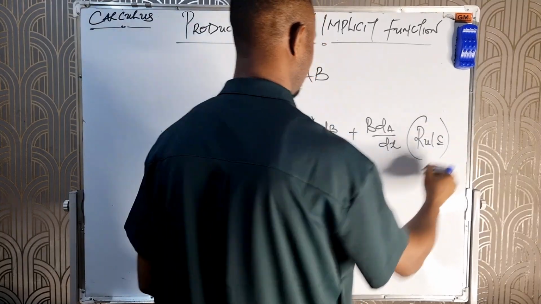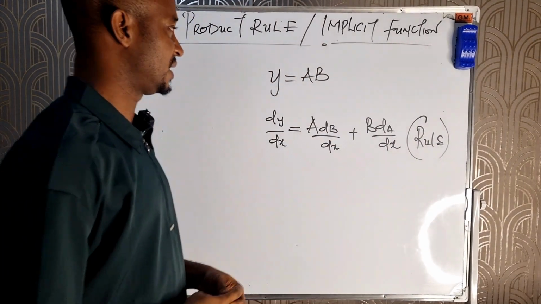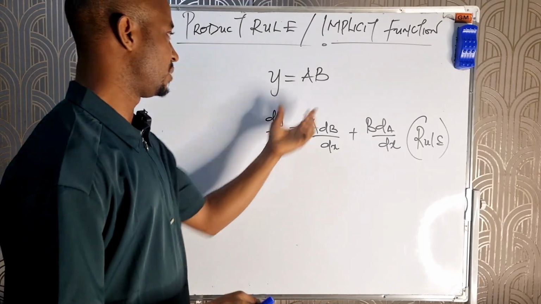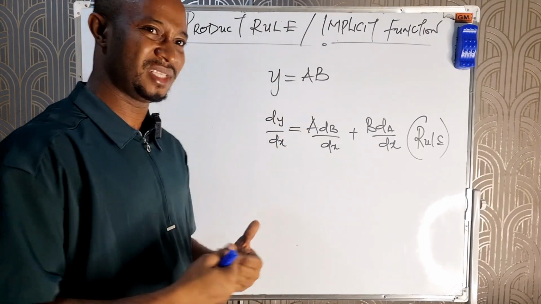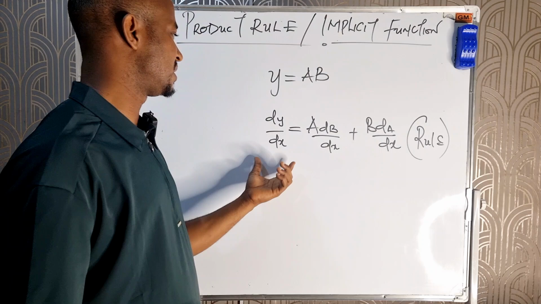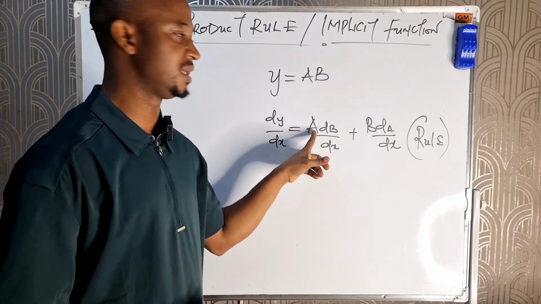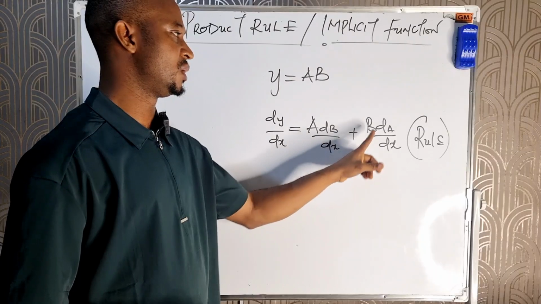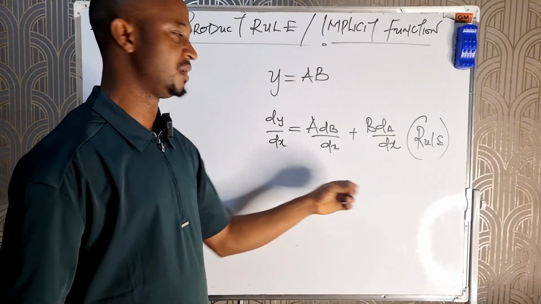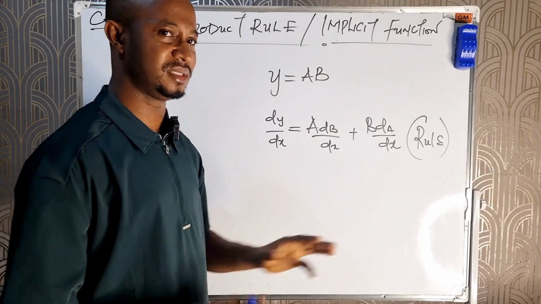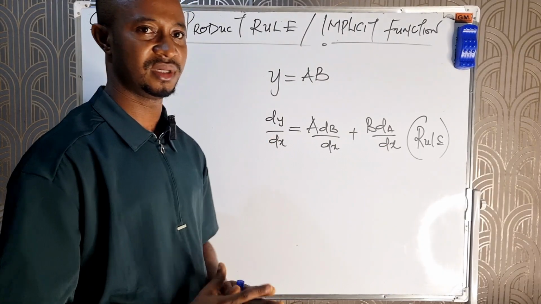The rule is simply saying that to find the derivative of a product function, dy/dx, keep one constant, meaning don't differentiate A, differentiate B, plus don't differentiate B, differentiate A. So this is read as A dB/dx plus B dA/dx. This is what the product rule is stating.